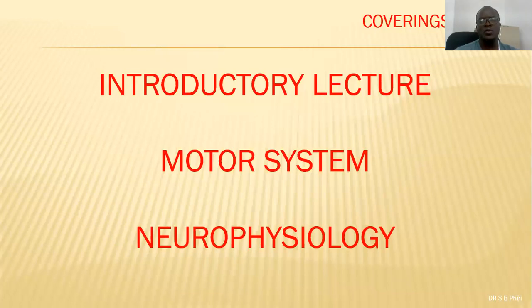With me, we are going to discuss mainly the motor system, and there are also other aspects of neurophysiology that we're going to discuss. For instance, we are also going to cover reflexes, which are part of the motor system, and some components are also part of the somatosensory system. Then we are also going to look at cranial nerves and the autonomic nervous system.